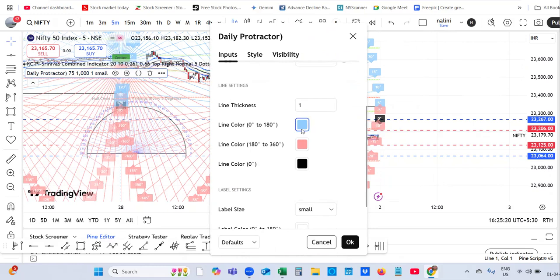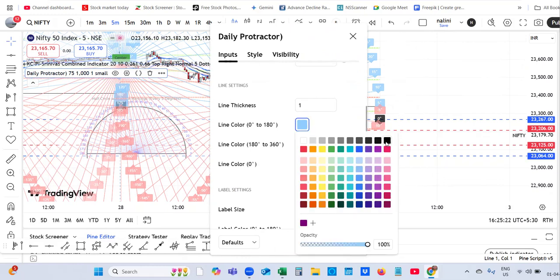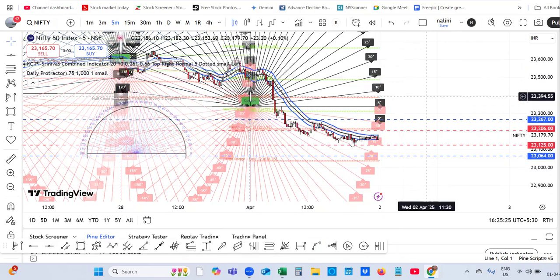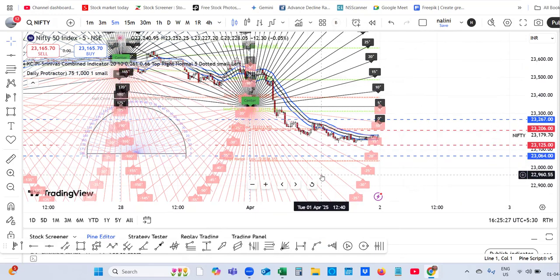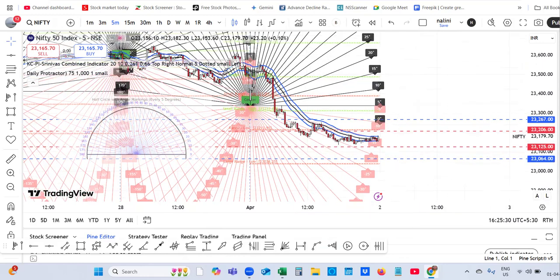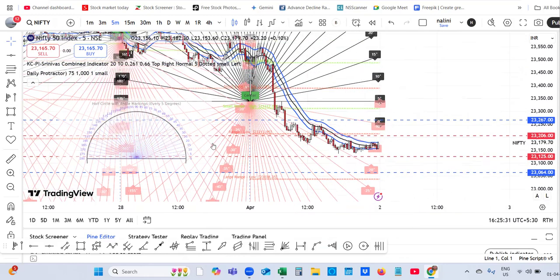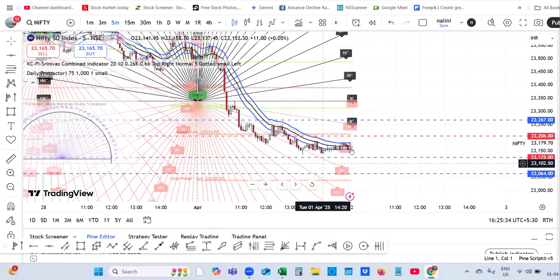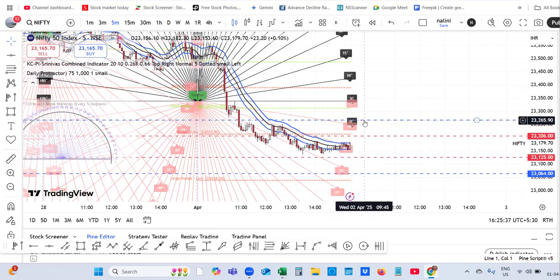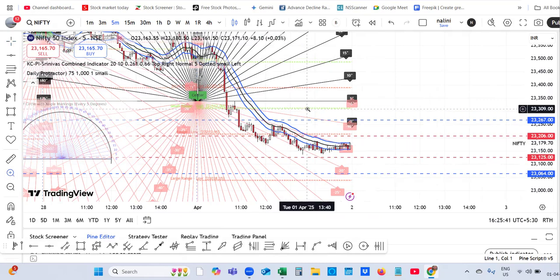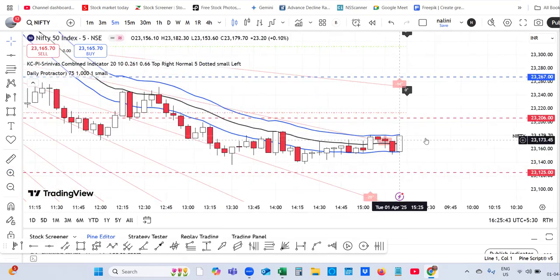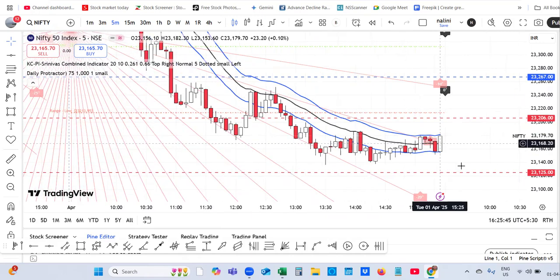So for line color, you make it black for the upper side, for the positive side. And you can see here, if I apply the protractor, it is 0 degrees here. Let me zoom it. On the 5-minute chart, 0 degrees here.